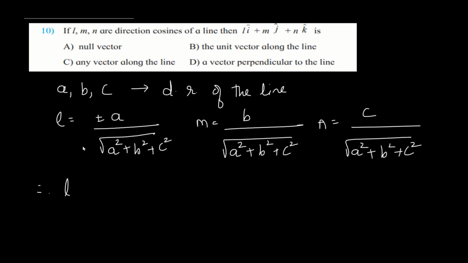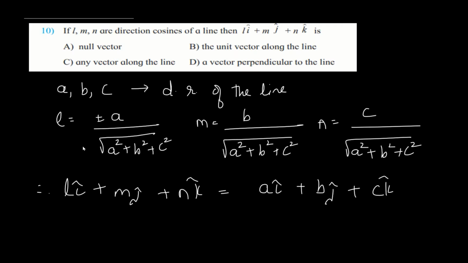And therefore, Li plus Mj plus Nk, you can modify it in your notebooks and see it. It ultimately turns out to be Ai plus Bj plus Ck, putting the values of L, M, N in terms of A, B and C. Here you will find that the denominator remains the same for all 3 terms, that is root of A square plus B square plus C square.